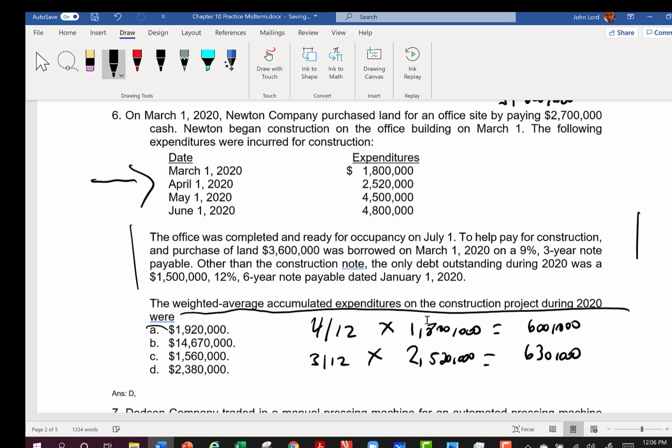Okay, and so on. May means it's all of May and all of June, 2/12 for the amount in May, 4,500,000. That's a 4, guys. And so that's 750,000.